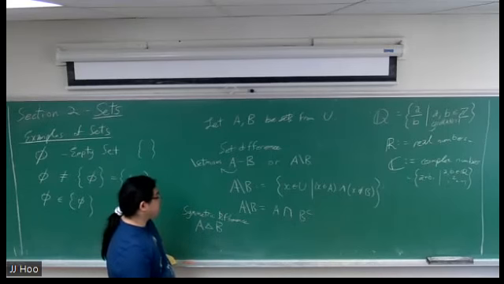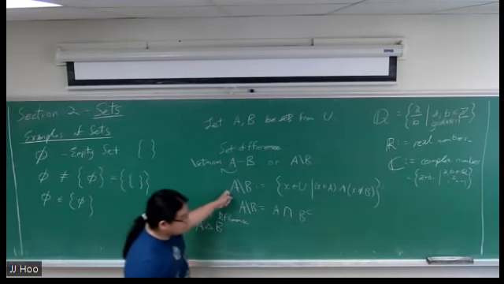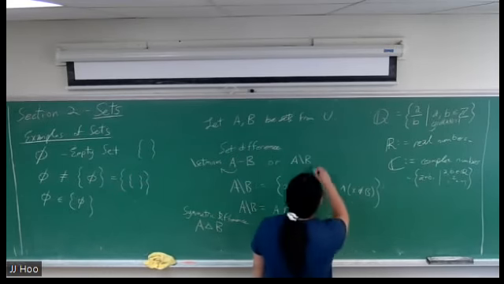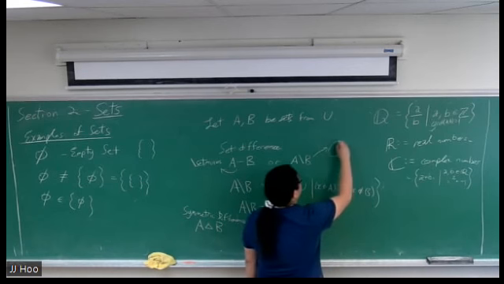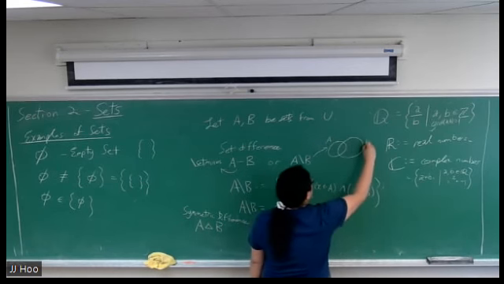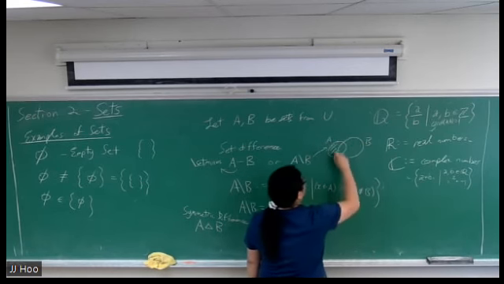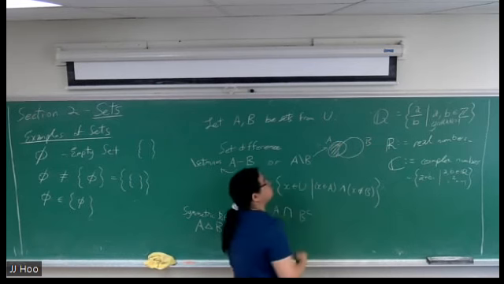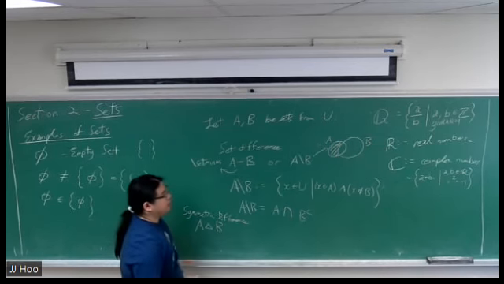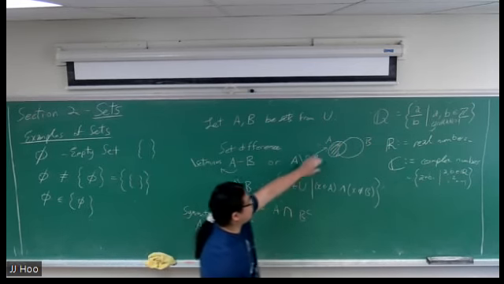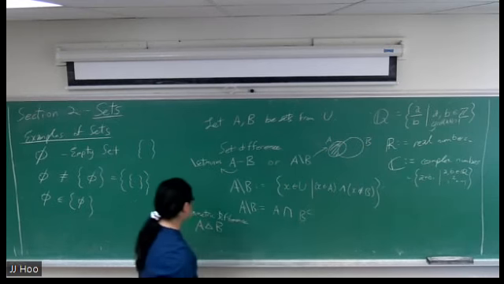So this is a set difference. Let's kind of draw this out first, right? What is A without B? It's this stuff, right? It's A intersecting everything that's not in B.